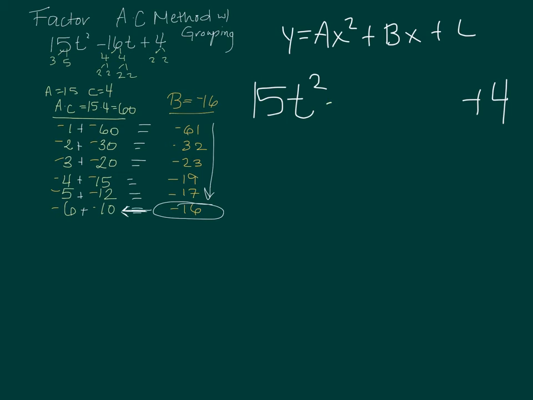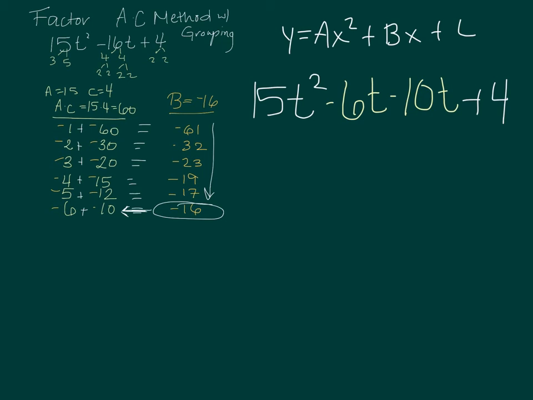So I'm going to say minus 6t minus 10t. In other words, if I combine these like terms, I'm going to get a negative 16t. So all of this chart was just indicating to me how I'm going to rewrite this original polynomial so that I can start to factor.